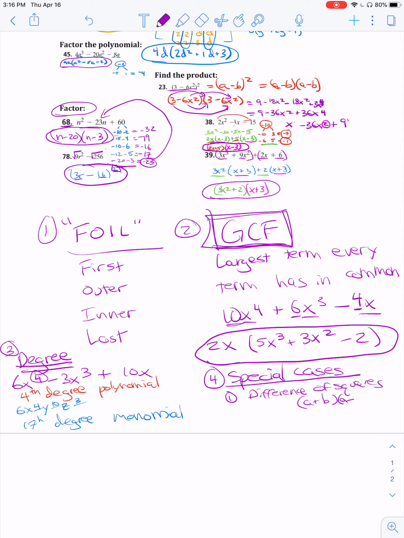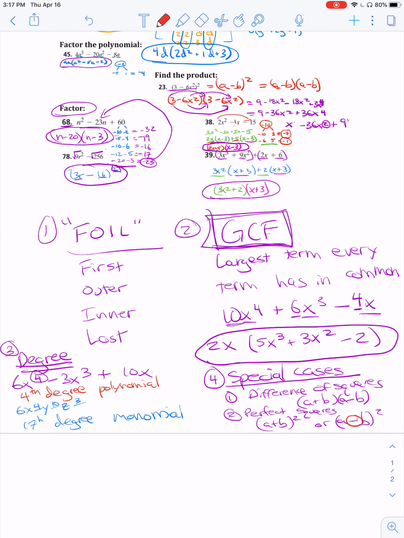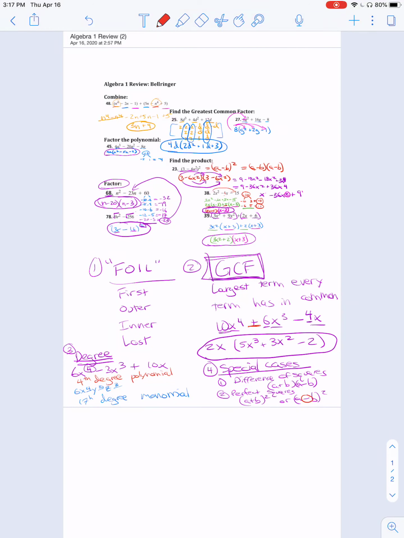And again, that's going to be a plus b times a minus b. And then we have perfect squares, right? And again, that's just either a plus b squared or a minus b squared. If you have a minus sign, just make sure you look out for that minus sign before this second term right here, just as an example.